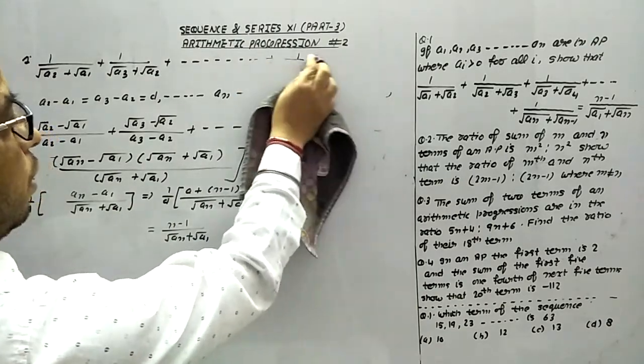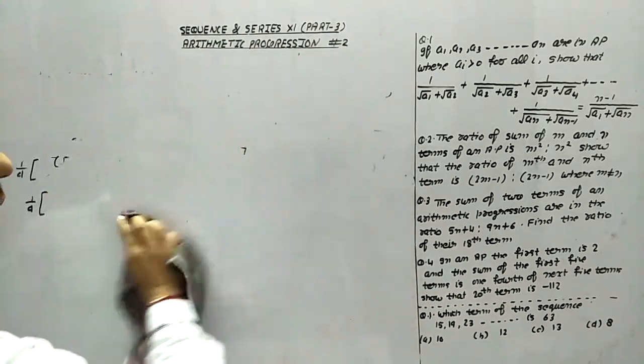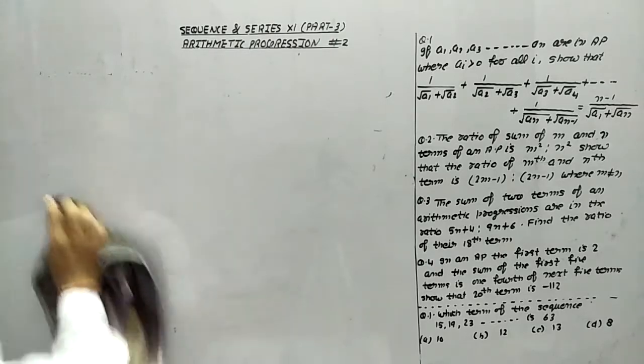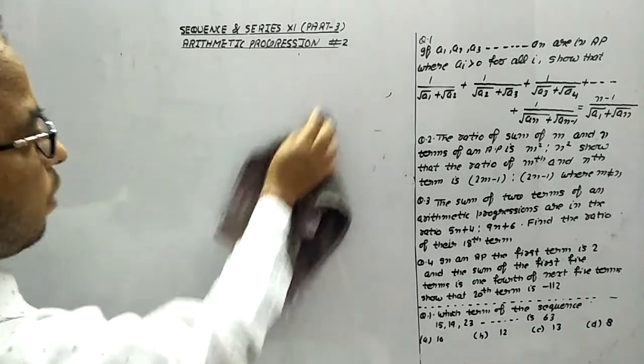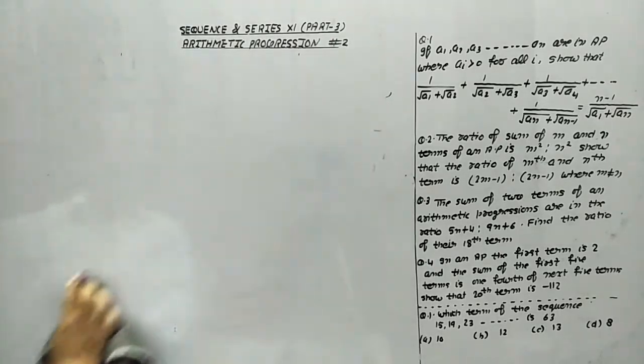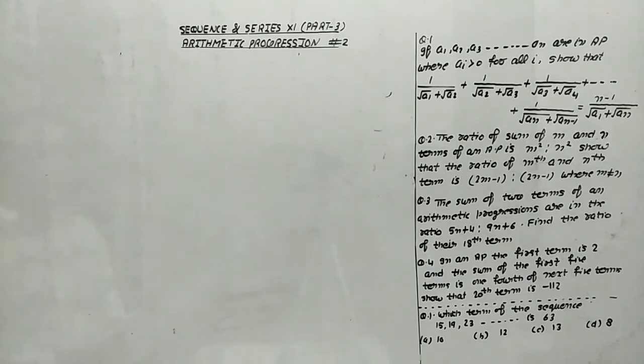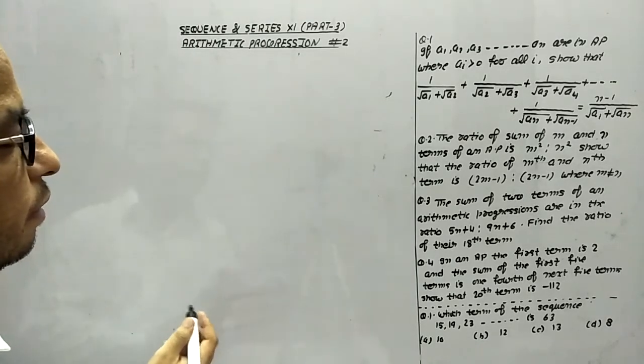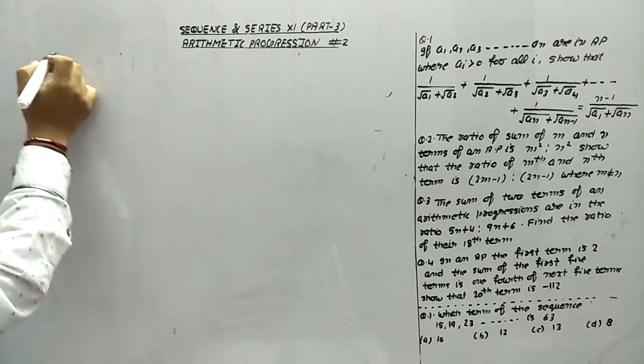Now look at this. In question number 2, the ratio of the sum of m and n terms of an AP is m square to n square, and we have to show that its mth and nth term ratio is 2m minus 1 upon 2n minus 1.